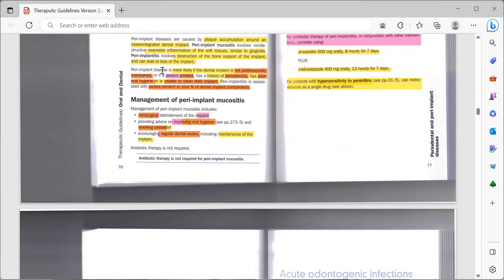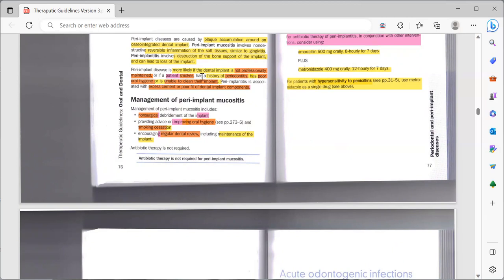So, what are the risk factors for the peri-implant diseases? Firstly, for the general public it is generally recommended to visit your dentist every 6 months. But for the implant patient, it is very, very necessary to visit the professional clinic.